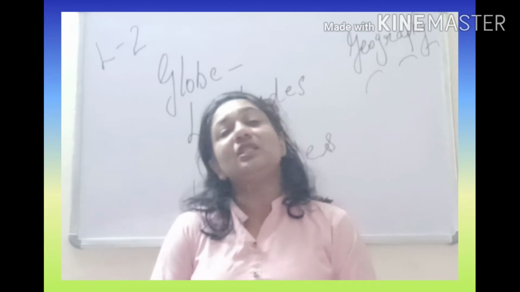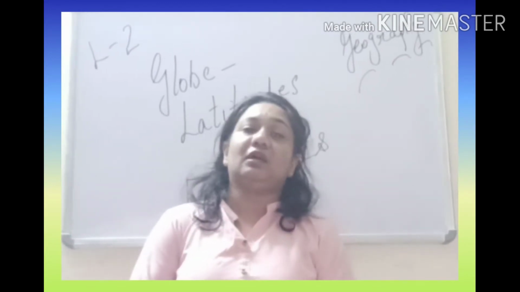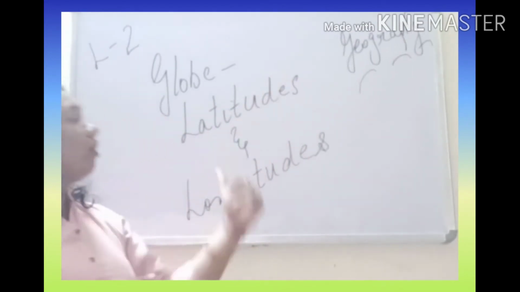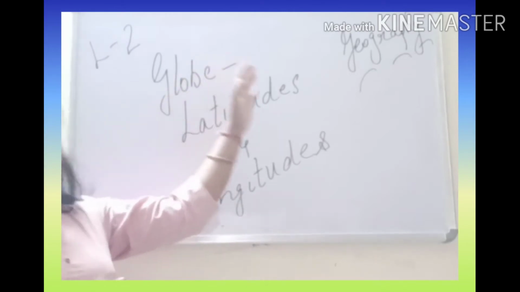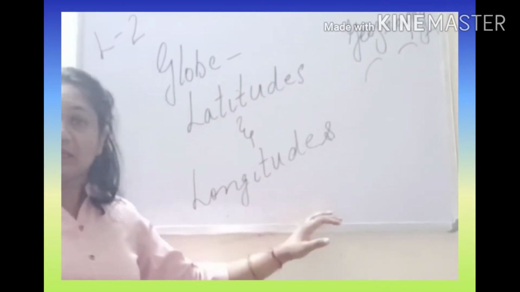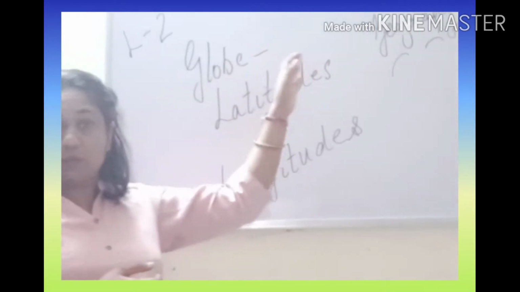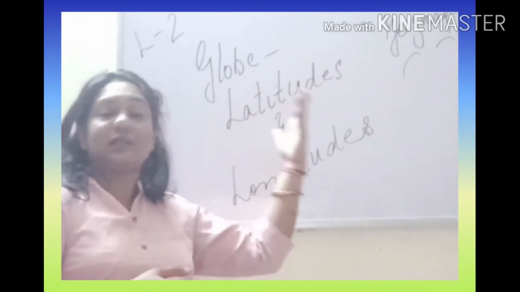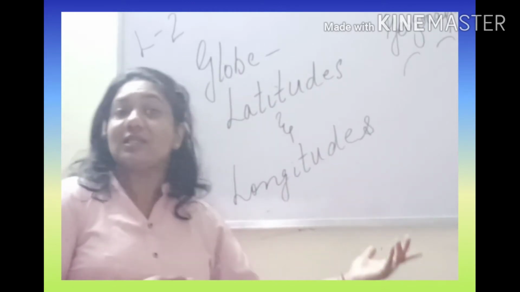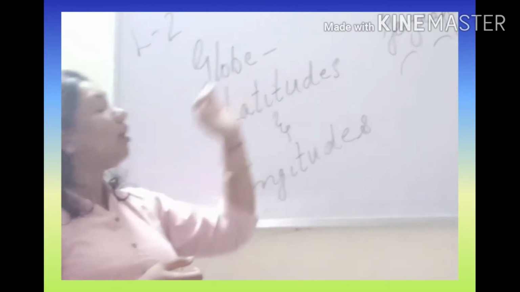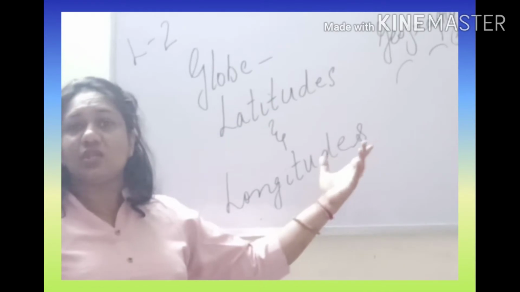So in my today's video, I will be taking up chapter number 2 of geography, that is globe, latitudes and longitudes. In this chapter we will study what is a globe, what are the uses of globe, what is the shape of earth, which you have already studied. Then we will be talking of the latitudes, what are latitudes.